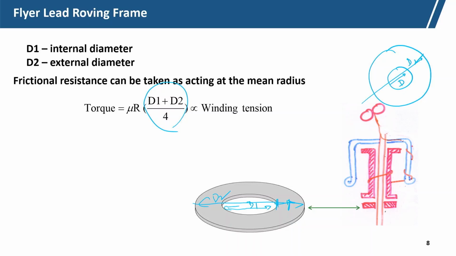So, torque will be mu R multiplied by the mean radius, which is (D1 plus D2) by 4, that is the torque to rotate the bobbin, which is proportional to the winding tension.